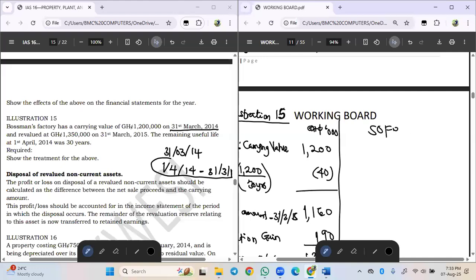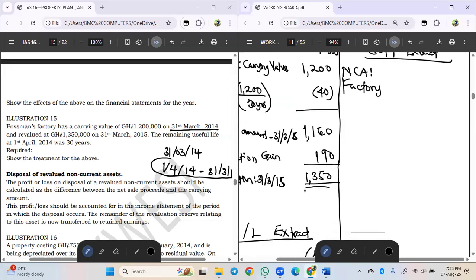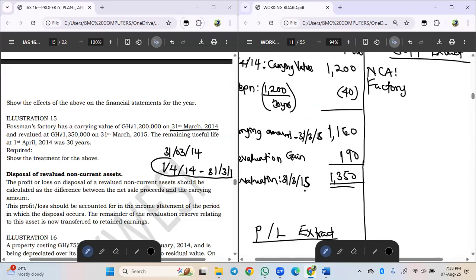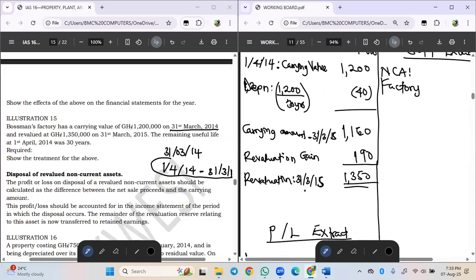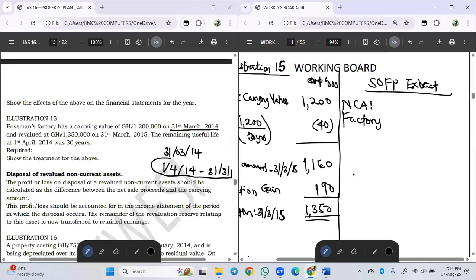Then your SOFP extract, you have your non-current assets. That is the factory. The asset in question is the factory. It will be the 1350. So you always use the revalued amount. Stella, you see, this one was the revaluation happened at the end of the year. So it will be carried in the statement of financial position at what? That amount. So 1350. Okay. All right.